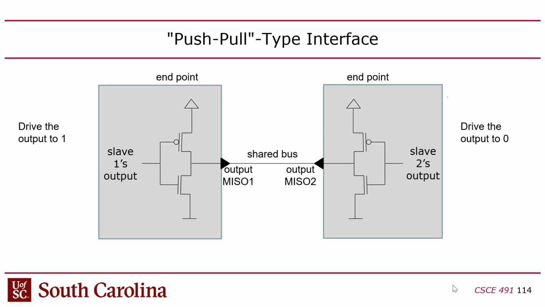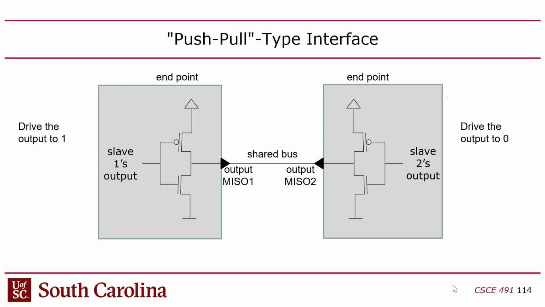The problem is that if you have two chips that are using this circuit to drive MISO, master in, slave out, right? The problem is if they disagree on what they want the bus to be. Now you have two different chips whose outputs are connected to the same wire.